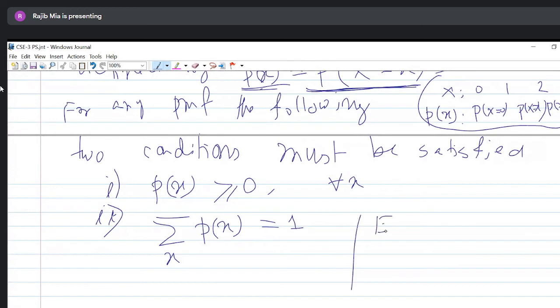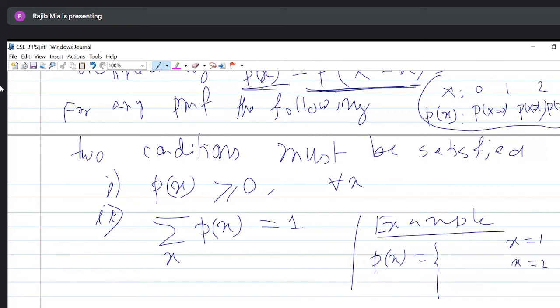For example, suppose P(x) is given as follows: at x equals 1, at x equals 2, at x equals 3.